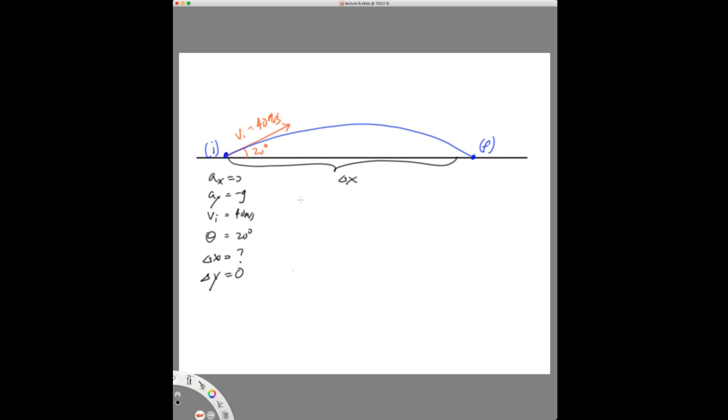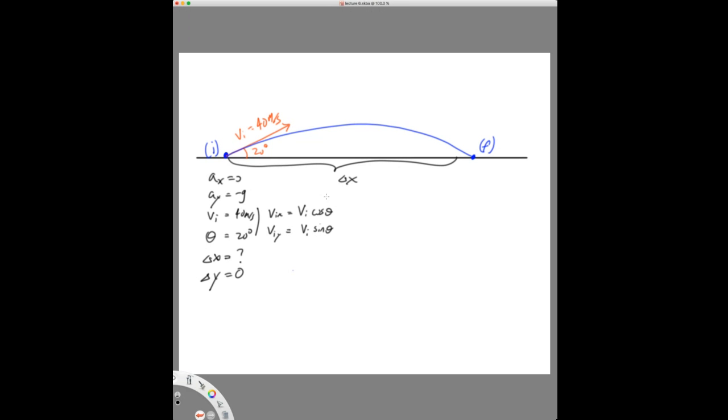We want to find delta x, so we have delta x equals the initial x times, let's go ahead and, before I do that, let's find vix and viy. So vix is going to be vi cosine of theta, and viy is vi times the sine of theta.